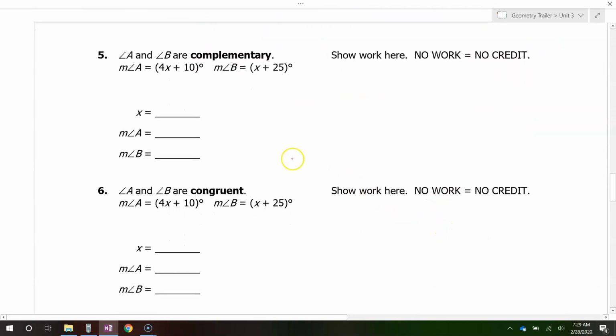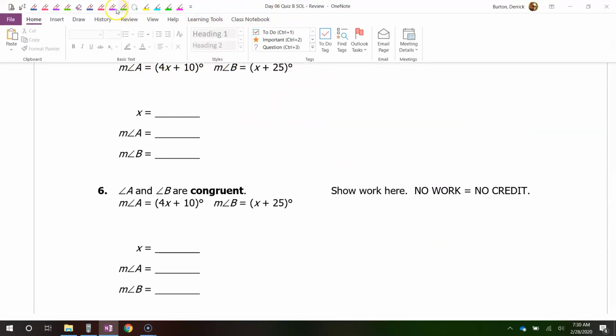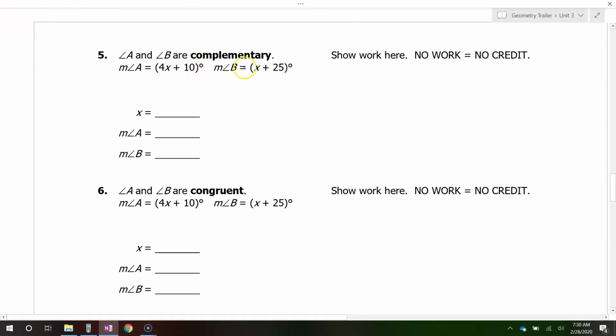All right, now we need to do some algebra. So A and B are complementary. That means they add up to 90. So I'm just going to set up my equation by doing 4x plus 10 plus x plus 25 is equal to 90.